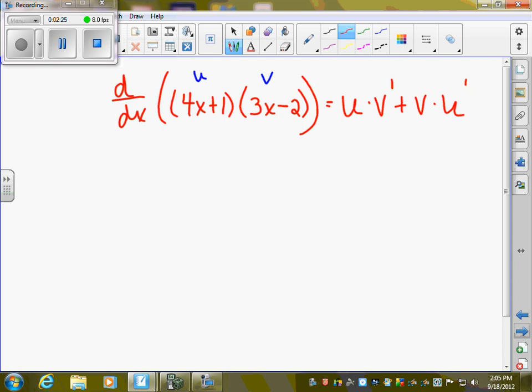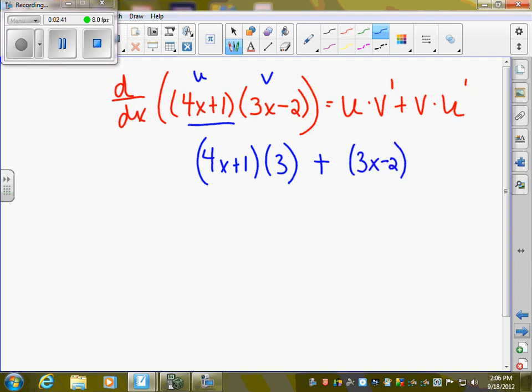Alright, so we keep u first, 4x plus 1, times, then the derivative of v, which would be 3, plus, keep v, 3x minus 2, times the derivative of u, which would be 4.